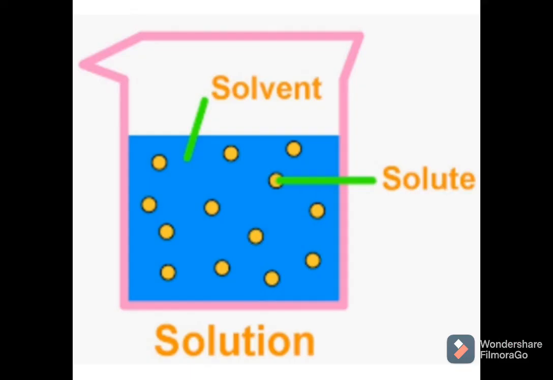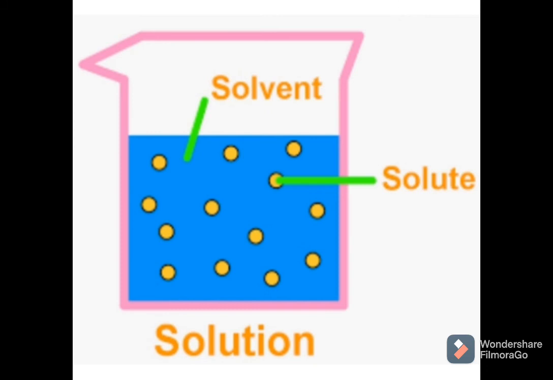In 7th standard, I think you have studied solvent, solute and solution. Solute is the substance which gets dissolved. Solvent is the substance in which solute gets dissolved, and whatever forms after mixing solute and solvent, we call a solution. So concentration is the measure of one particular substance in a solution.